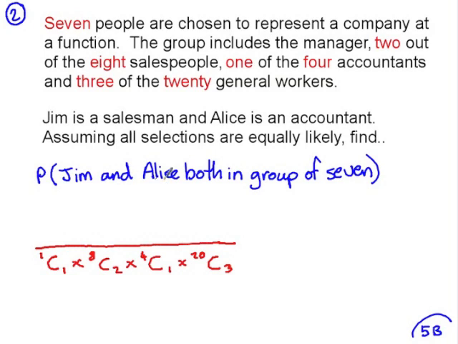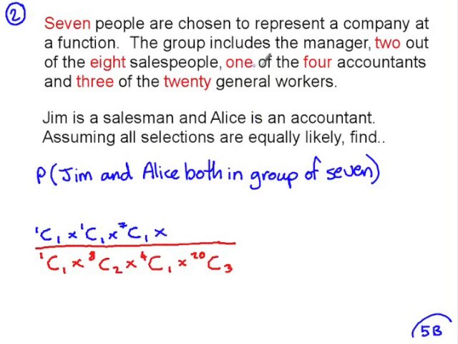Now we need the number of selections that include Jim and Alice. So Jim's a salesman, Alice is an accountant. The manager is still the same, 1 choose 1. Now we want 2 out of the 8 salespeople, but one of those salespeople is Jim, so that's 1 choose 1 of Jim, but from the remaining 7 salespeople we need to choose another 1 to represent the company.